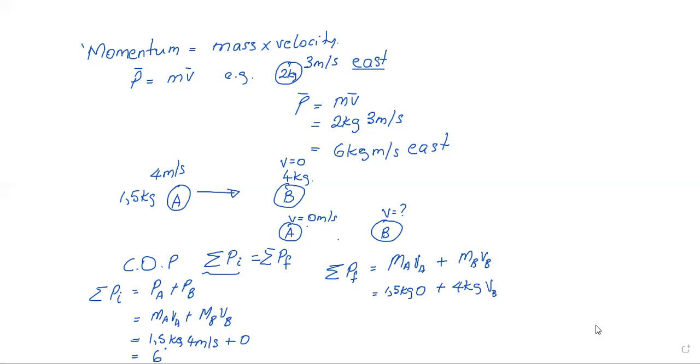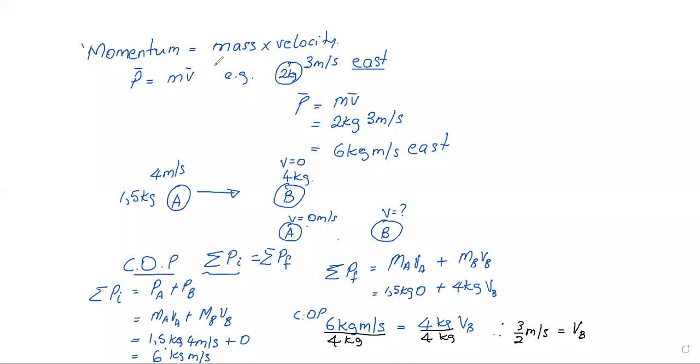Now, here we had 6 kg meter per second. By conservation of linear momentum, the sum of the initial momentum, which is 6 kg meter per second, is equal to 4 kg VB. We divide right through by 4 to get the velocity of body B.